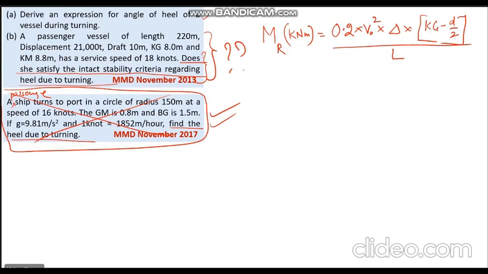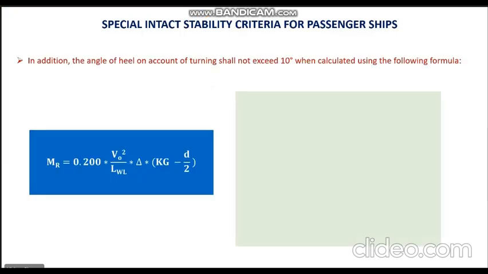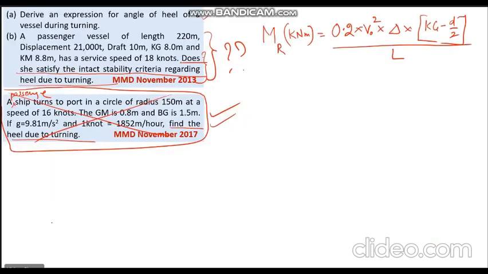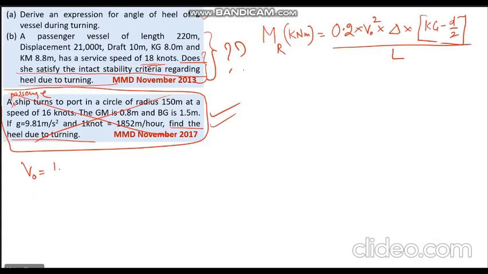Was this the formula? Yes, that's correct. Remember this formula? Is this correct that I have written? Just see: 0.2 V naught square, displacement, KG, L. Knots: can you convert 18 knots into 1852 upon 60 into 60 meters per second? Can you please calculate and give me the value?